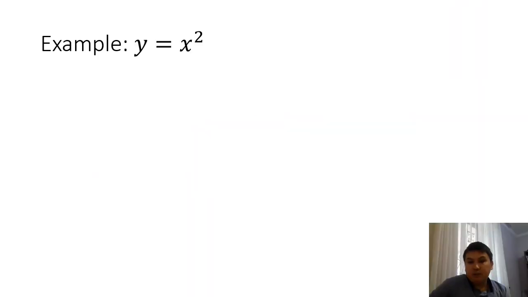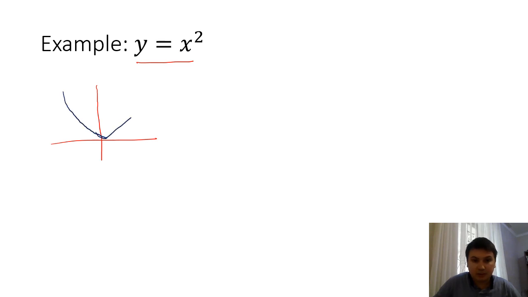Before you even start finding the maximum or minimum, you need to ask yourself whether a minimum or maximum exists, right? So let's look at a few situations for the parabola x squared. If you look at the graph of the parabola, it's something like that, right?